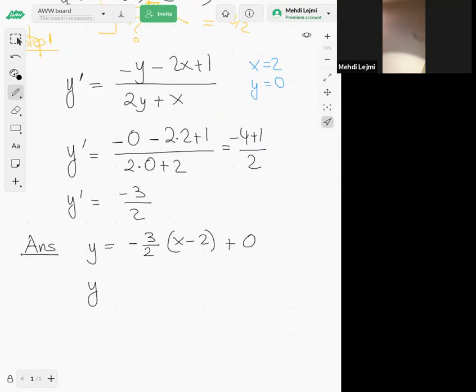This is a multiplication, of course. Minus times minus would be a plus, the 2 over 2 cancel out, so it's just plus 3. When you multiply by the negative 2, that will be positive 3. This is a fine answer. This should be your answer, the equation of the tangent line to the curve at the point 2, 0.